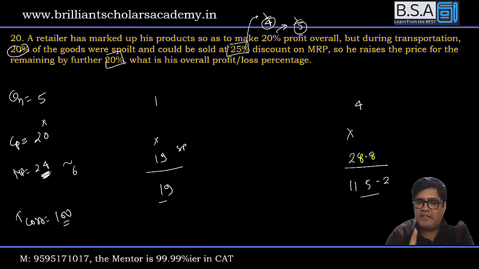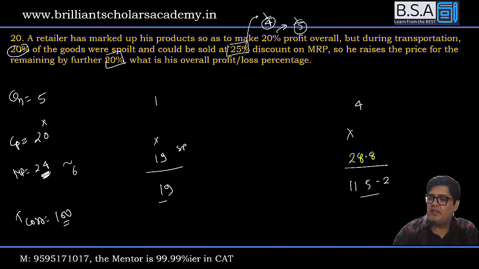Yeah, now our answer is correct. Verify the calculations. What calculation are you getting? 115.2 plus 19. 34% profit is coming.